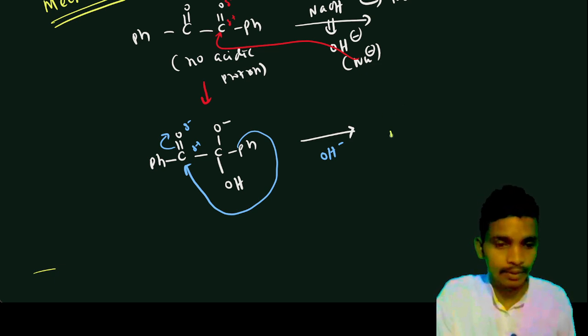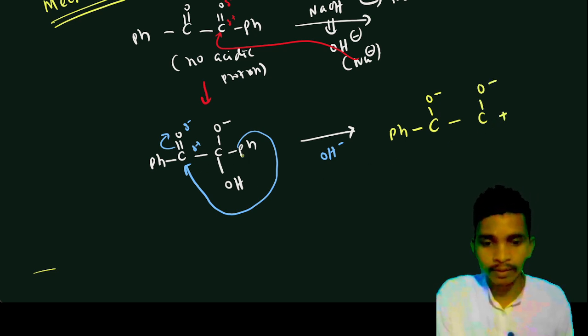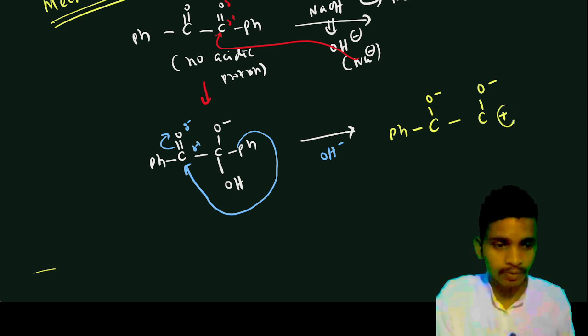So what we'll get here: Ph, this is going to be CO minus, and this is going to be that C and the O minus, and that has migrated, so this is a positive charge, and this is going to be the OH. And this migrates here, that is Ph.